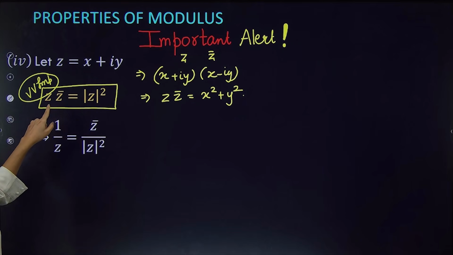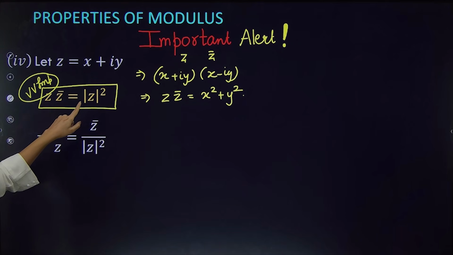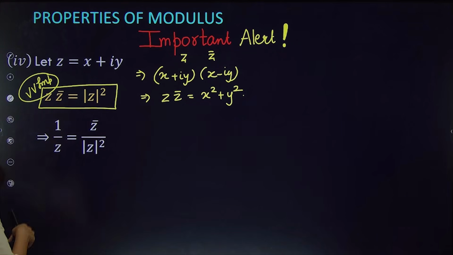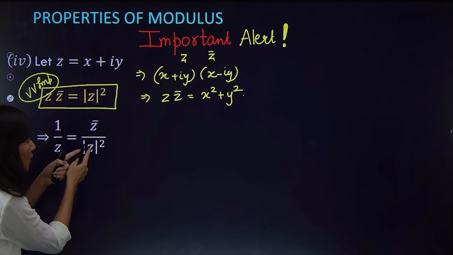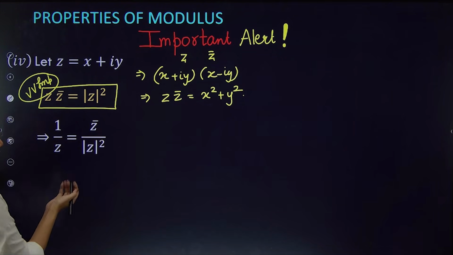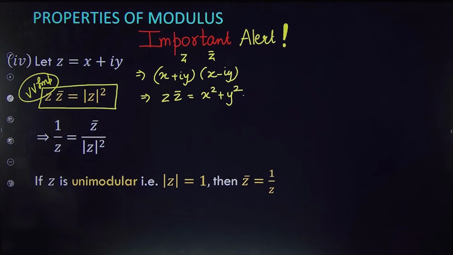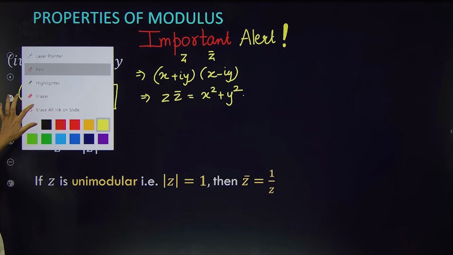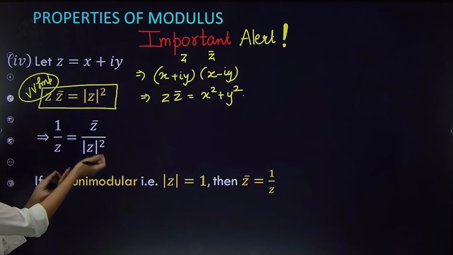Here can you calculate the value of z? Z is nothing but mod z square by z bar. So z is replaced by mod z square upon z bar. This is how you calculate the value and write.